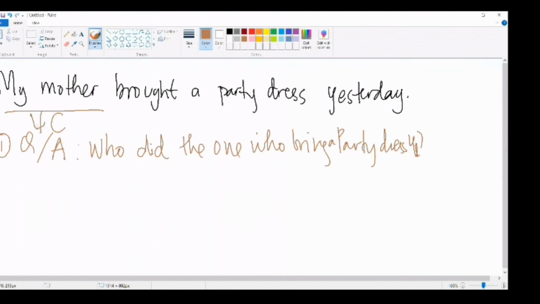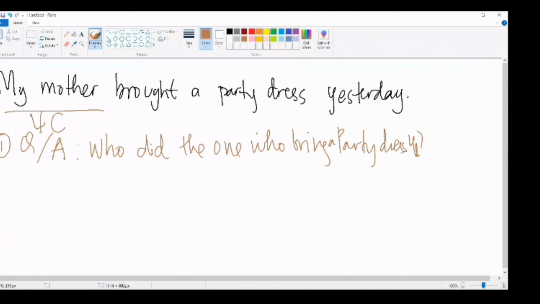Yes. But next time, in traditional grammar, what you need to do is not making a bracket. You just need to give a slash. Do you understand about slash? Yes, ma'am. Okay, good.